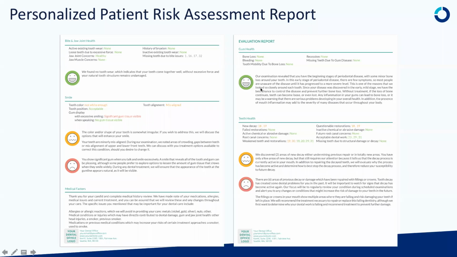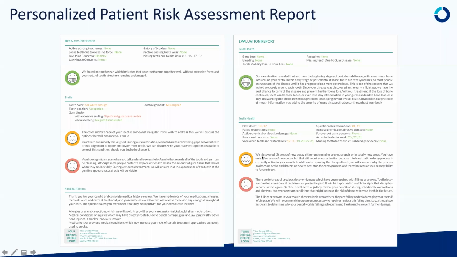So it will always start with a positive. It will start with what the patient is doing great, if they're taking great care of their teeth, there is no tooth wear. It just basically is an encouragement for the patient to understand that there are things that they're doing very well, they're taking care of, let's say, their hygiene. So it's really nice to start off with an encouragement.